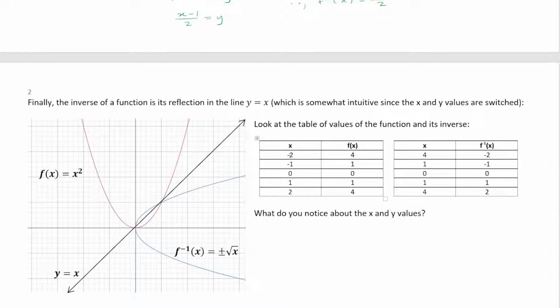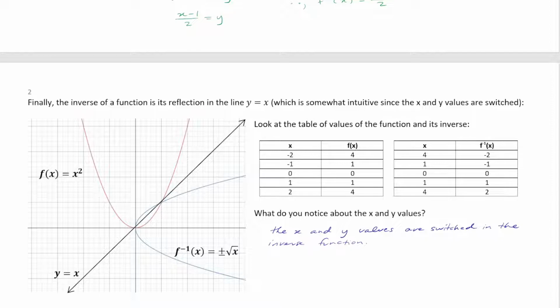I want you to take a look at the x and y values of the original function, and then look at the x and y values of the inverse function. I want you to see if you can notice anything between them. Just pause the video and see if you can come up with it.